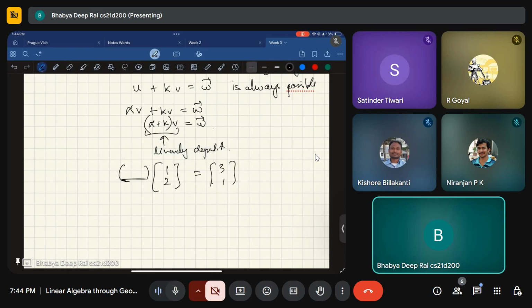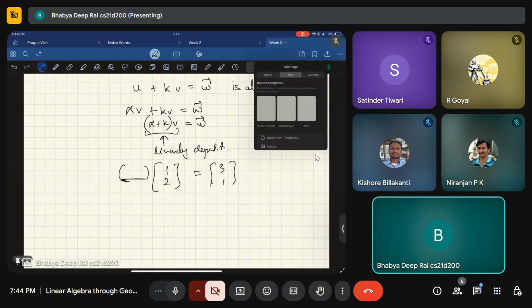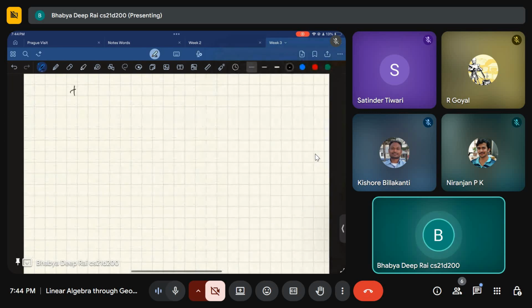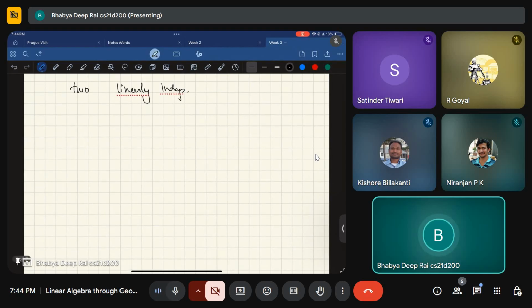I'll give you another reason. If I have two linearly independent 2D vectors, let's say u and v, then a linear combination is something like alpha 1 u plus alpha 2 v.